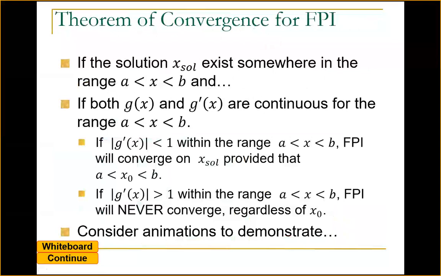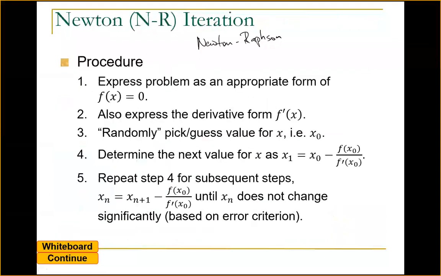Remember, your f of x, or the function that you choose, you can put it in any form that you want. Remember, all that's required is that the function is equal to 0. So you could write it any way you want. The point is this though, however you write it, make sure that you can find the derivative of the function.